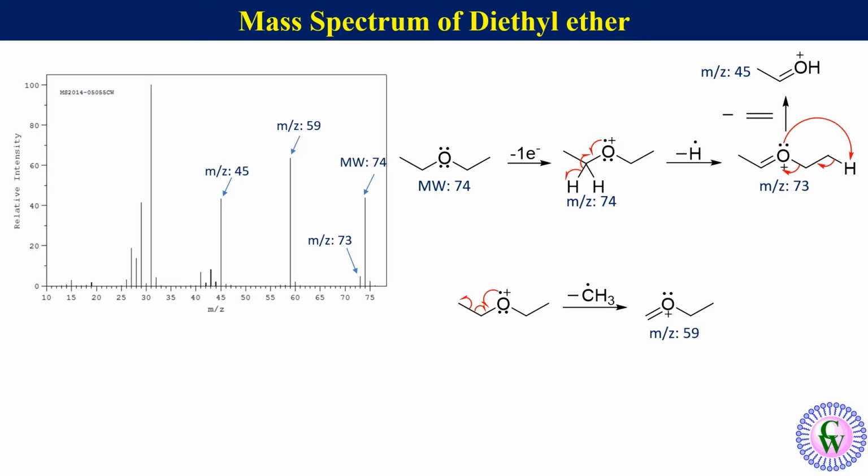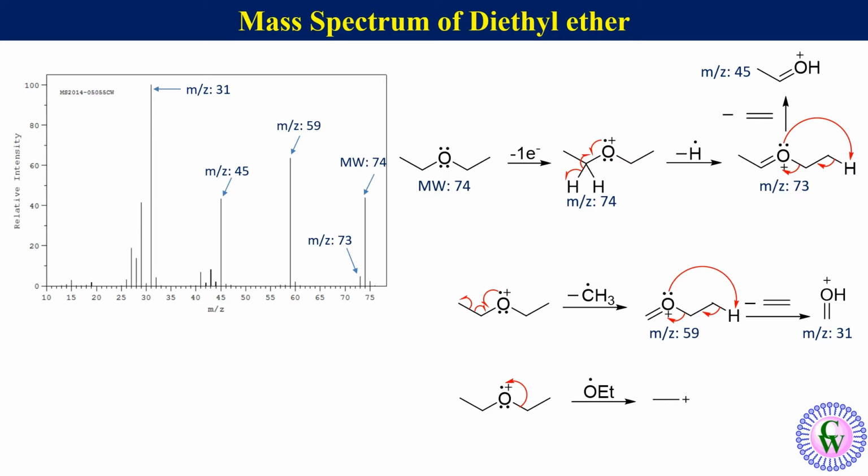It also has beta hydrogen, so beta elimination like this will give ethylene and protonated formaldehyde with M by Z 31. The parent ion undergoes alpha cleavage like this to produce ethoxy radical and ethyl carbocation with M by Z 29.